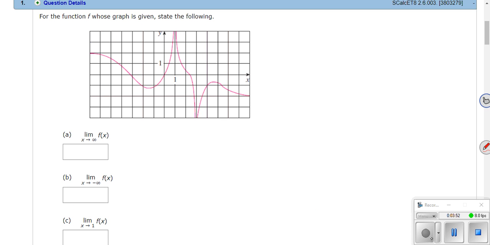The first thing that jumps out at me, those would be if we were graphing our rational functions like we did in Algebra 2 or even trig. What are those invisible vertical lines that the function won't cross? Here's one of them, and here's the other.